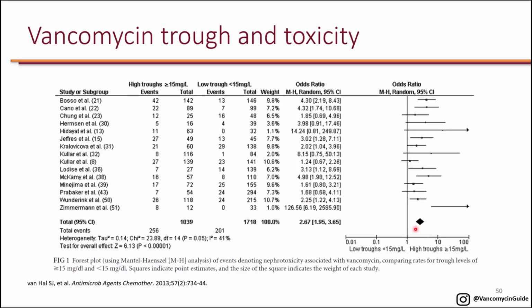The sum of all of these studies shows a significant increase in odds of nephrotoxicity with a trough of greater than or equal to 15 compared to a trough of less than 15. So more and more evidence suggests that a trough of 15 or higher is actually nephrotoxic.